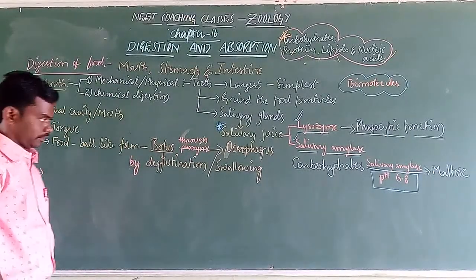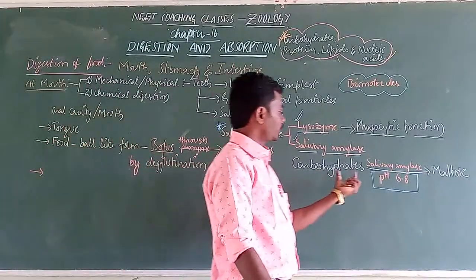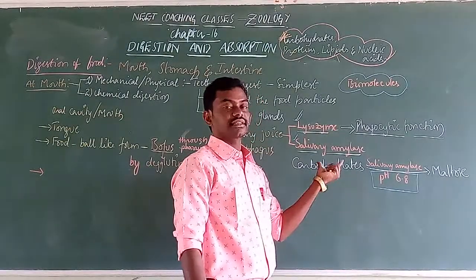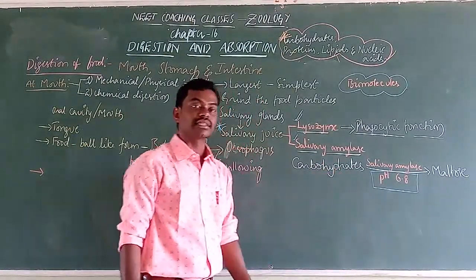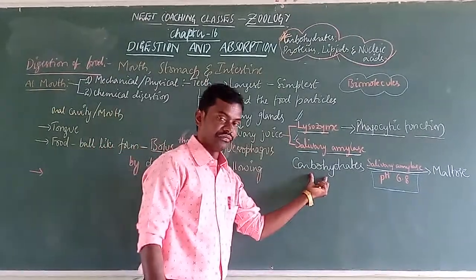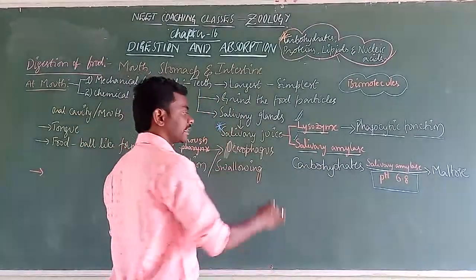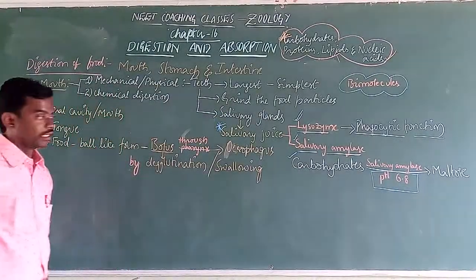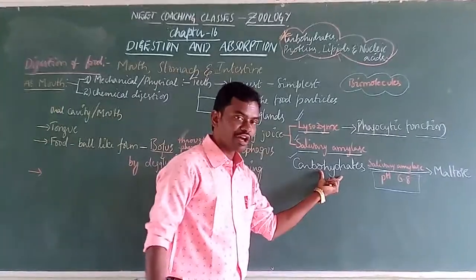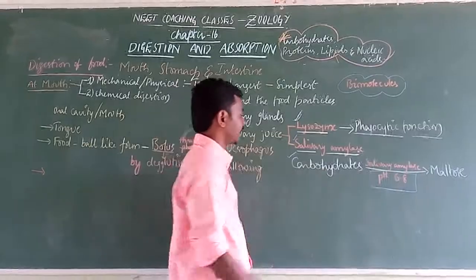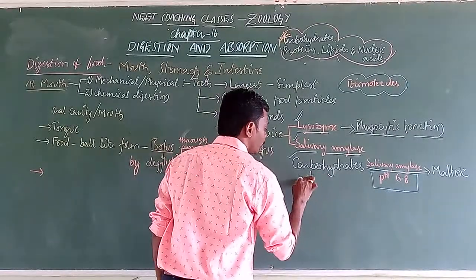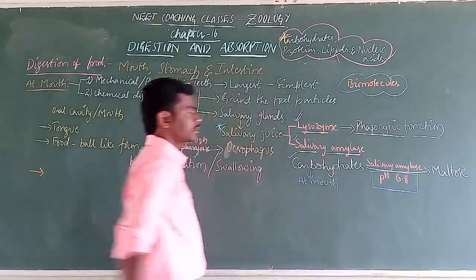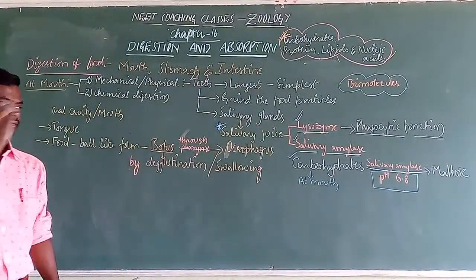And one more. The energy releasing resource which is present in the food is called carbohydrate. The absorption of carbohydrates takes place at the mouth itself.